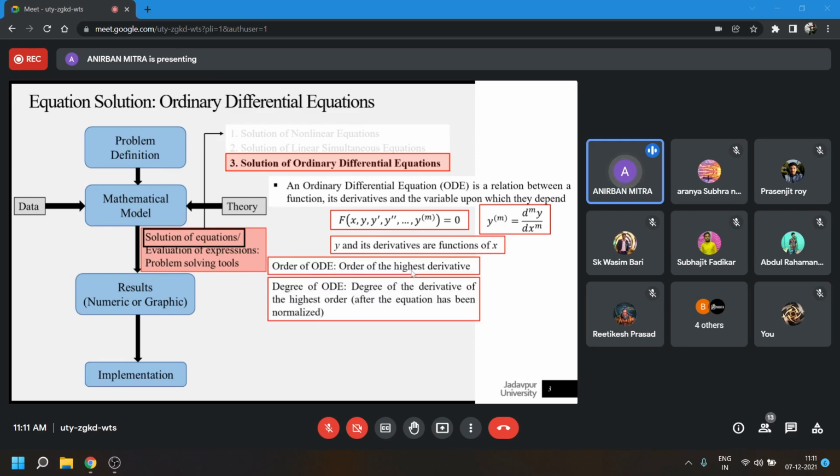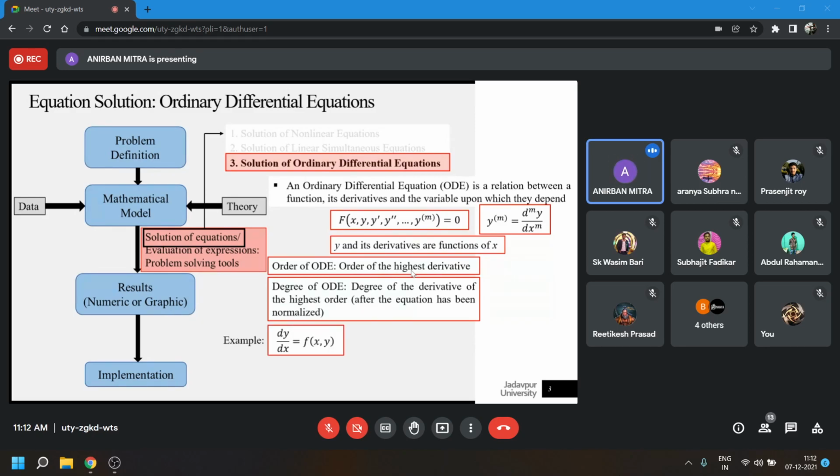The order of the ordinary differential equation is the order of the highest derivative. So in this case, if m is the highest order, then the order of the ODE would be m. And the degree of the ODE is the degree of the derivative of the highest order in the equation.